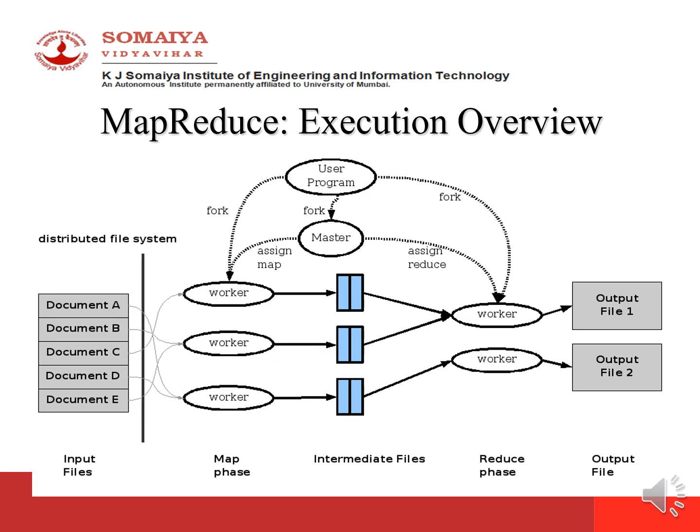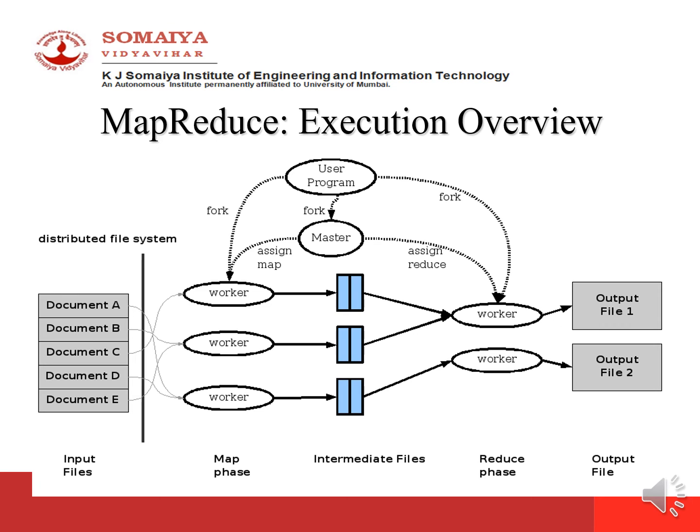In between we have the intermediate files, that is splitting, merging, combining, etc. Finally, the reduce phase consists of reduce workers. Reduce workers will combine similar words together and generate the output file. So this is the overall execution workflow for any MapReduce program.